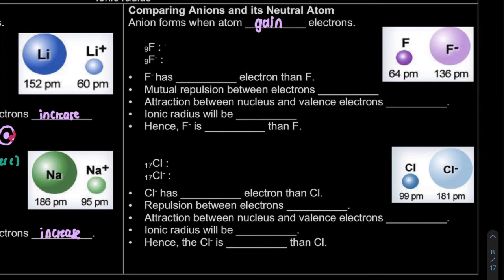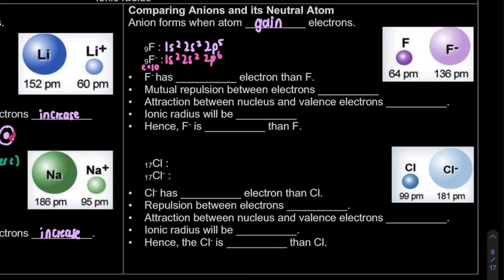When we write down 1s2, 2s2, 2p5, that is for a neutral one. Now F minus means we have gained 1 electron. So our electron is now not 9 but 10, so it becomes 1s2, 2s2, 2p6.